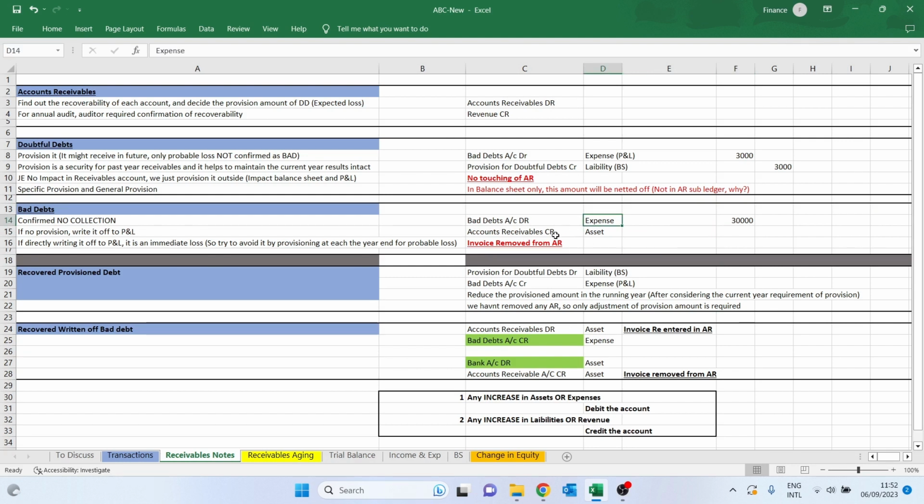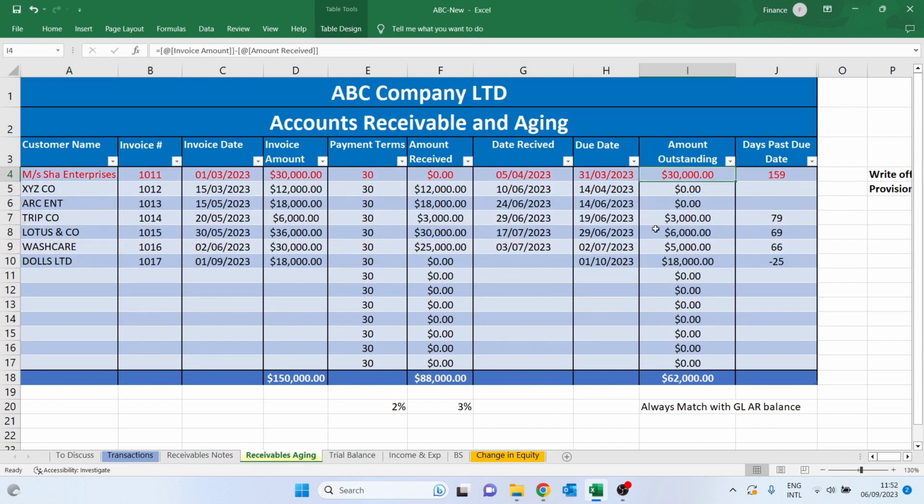It is an expense account. Which account will be credited? We don't want to show this amount anymore because it is confirmed that we will not collect it. So this is not our accounts receivable anymore. This is our loss.